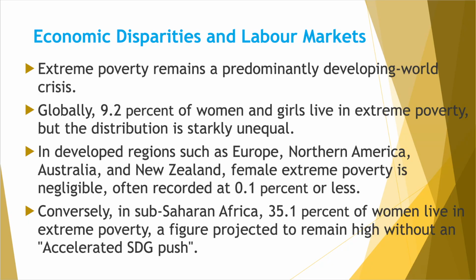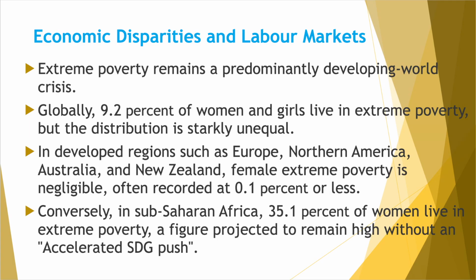crisis. Globally, 9.2% of women and girls live in extreme poverty, but the distribution is starkly unequal. In developed regions such as Europe, North America, Australia, and New Zealand, female extreme poverty is negligible, often recorded at 0.1% or even less.